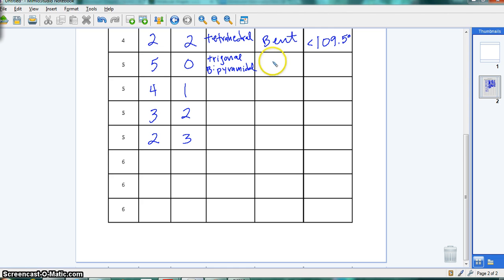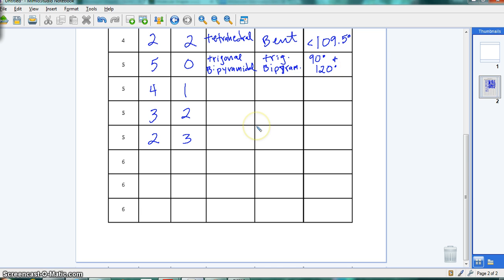Our molecular geometry is the same because we have no lone pairs. So trigonal bipyramidal. Ooh, that's not a very good Y. And then our bond angles are 90 degrees and 120 degrees.